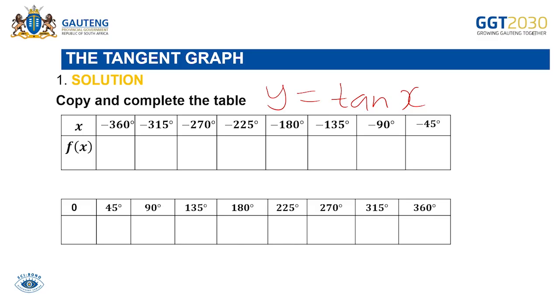You will realize that on this particular table this time around, there are some broken lines for specific angles. For example, at -270, there is no answer. It's just broken lines on your calculator. Those broken lines have a meaning.